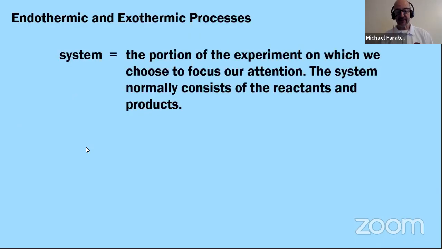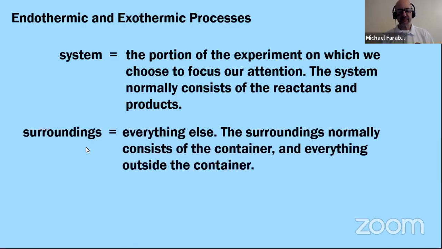We define the system as the portion of the experiment on which we choose to focus our attention, which is normally the reactants and the products. For a chemical change, or even for a physical change, it would be the chemicals that are changing, combining, dissolving, melting, things like that. And the surroundings are everything else, the container and everything outside.